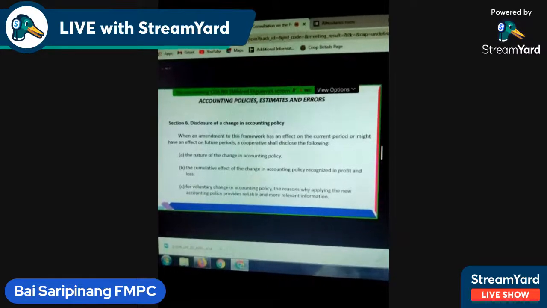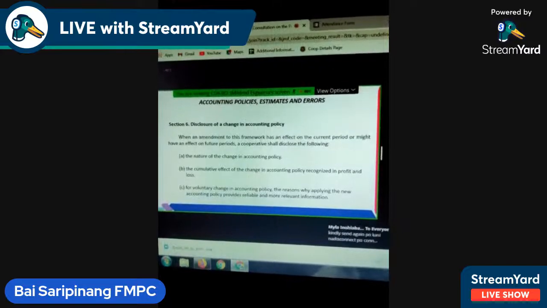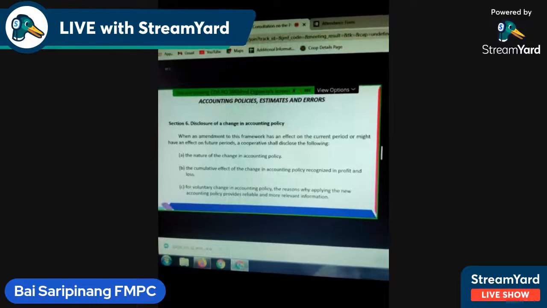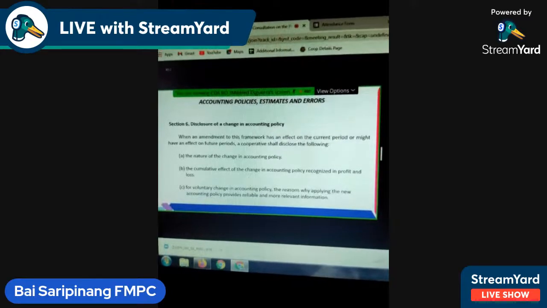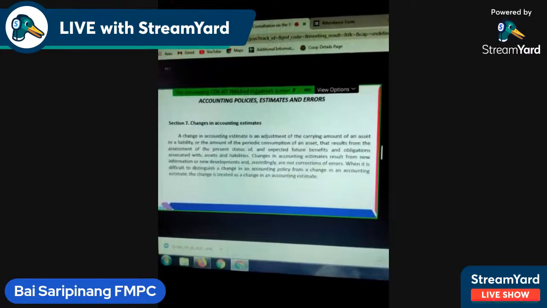When an amendment to this framework has an effect on the current period or might have an effect on future periods, a co-op shall disclose the following. Ano po ba yun? The nature of the change in accounting policy, the cumulative effect of the change, and for voluntary change in accounting policy, the reasons why applying the new accounting policy.